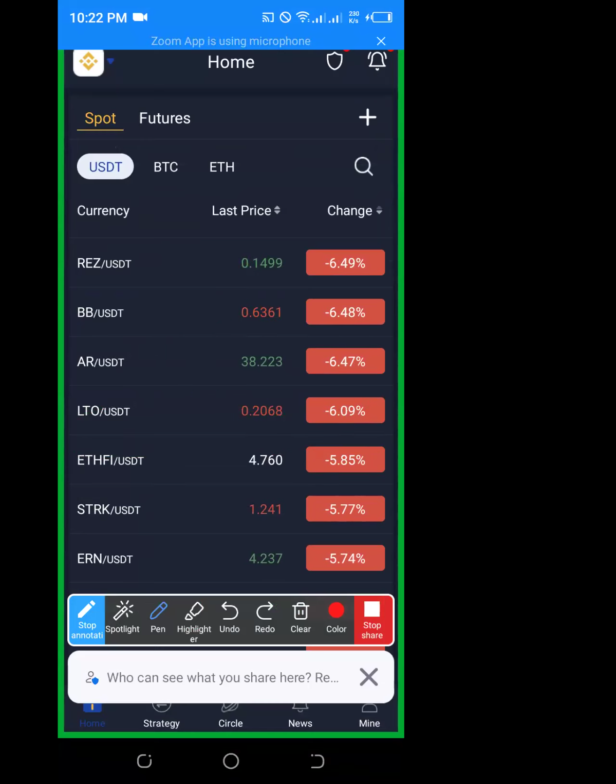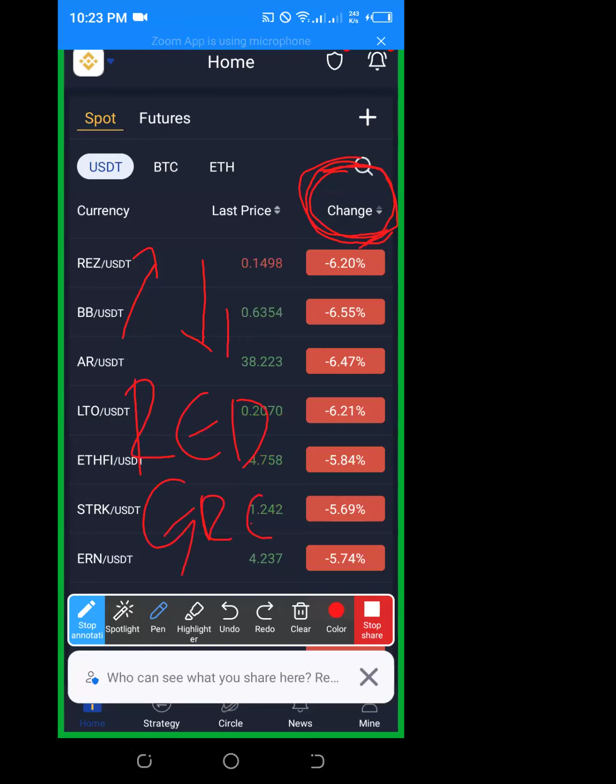Without waiting for the signal in the group, you are going to come on this button, the change button. Tap on this change button. There is an arrow pointing up and down. You are going to arrange these currencies according to their performance. There are currencies which are in red and currencies which are in green.